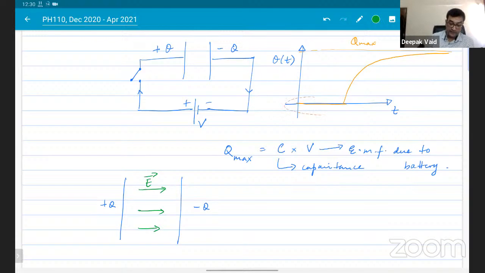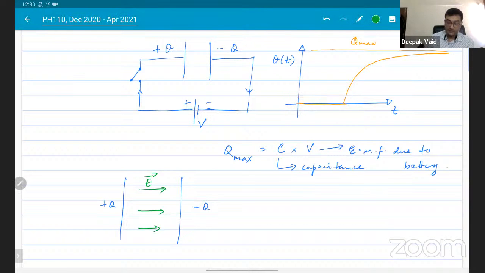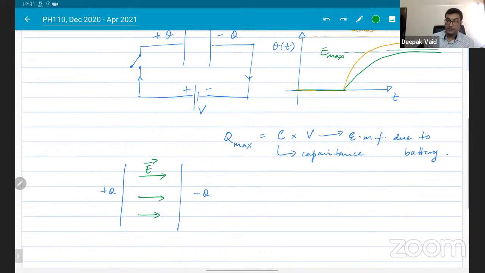Initially the plate is uncharged, so there is no electric field. So if I make a plot of the electric field on the same graph, the electric field is 0. Then the electric field will also follow a similar pattern. It will reach some maximum when the plate is fully charged, and it will stay at that maximum. Is this fine?